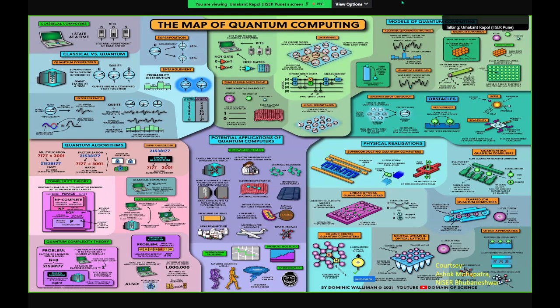Okay, so going from the top left here, it gives a short description about the difference between a classical computer and a quantum computer and the principles on which both of these work, down to the physical realizations of quantum computers.